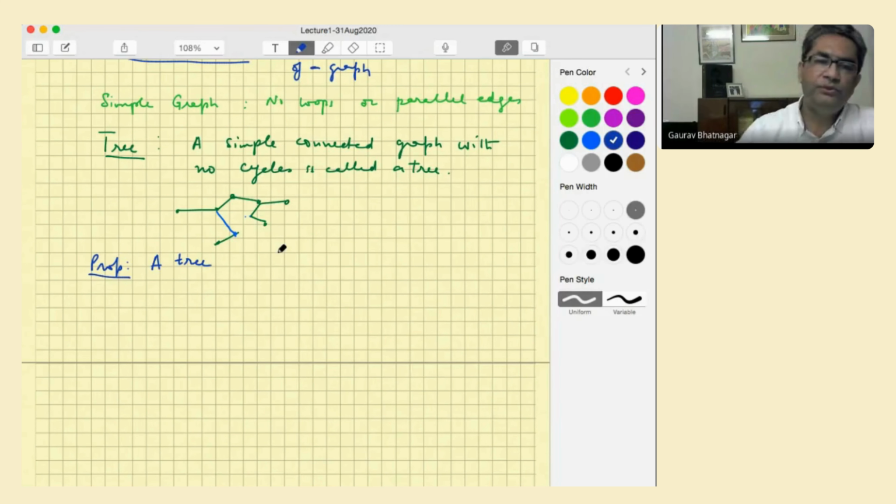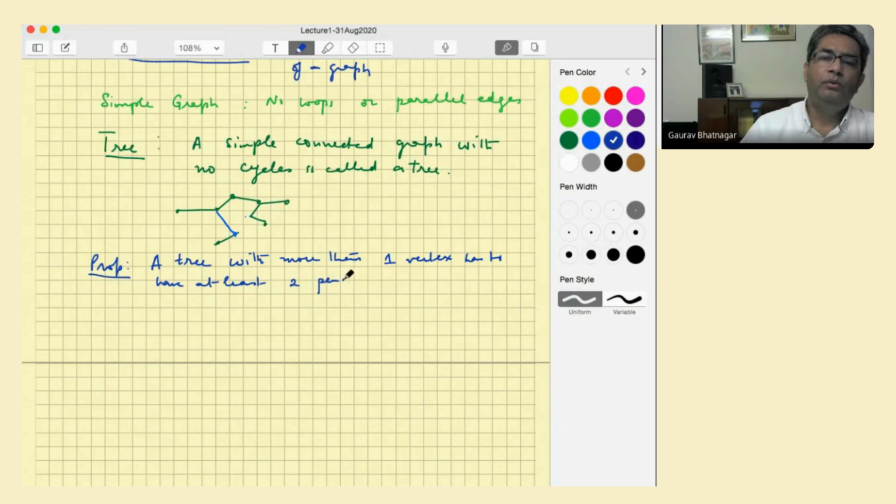One reason it hooks you is that it's got really interesting clever proofs. So the proposition is: a tree with more than one vertex has to have at least two pendant vertices.